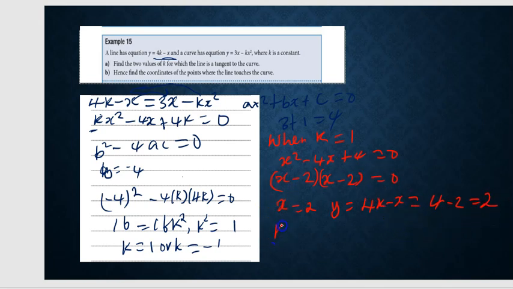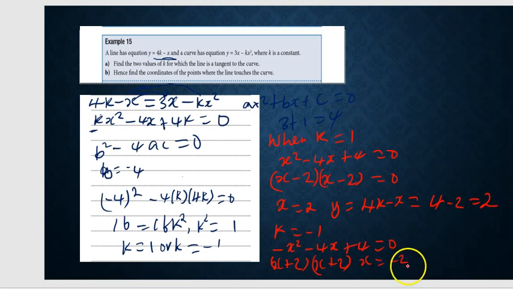When k is equal to negative 1, we are going to have negative x squared minus 4x plus 4 equals 0, such that we can have x plus 2 and then x plus 2. By solving, x is equal to negative 2, or x is also negative 2.